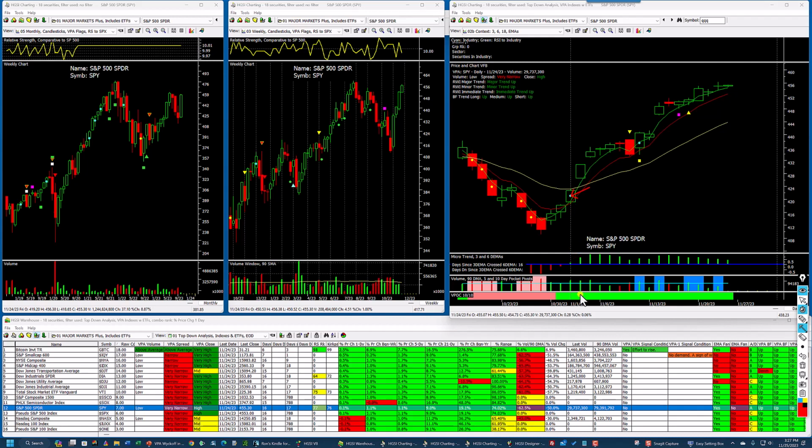candle generated that day. Now notice there were no blue bars on here, because even though this volume was above average, it is not higher than volume on down days, either in a 5 or 10 day window. That's why it didn't appear here. But we have other signals that tell us that this market is moving, or the SPY was moving.